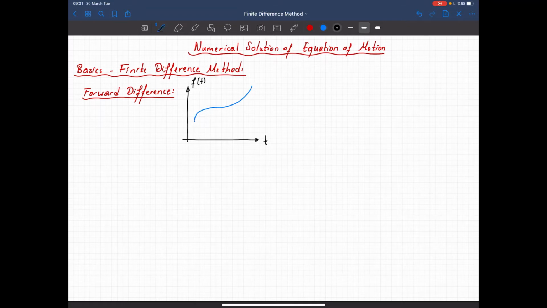So we are at this current time step, let's call it Tn, and at this time step the value is equal to f of Tn, and let's say that we go by delta t amount.